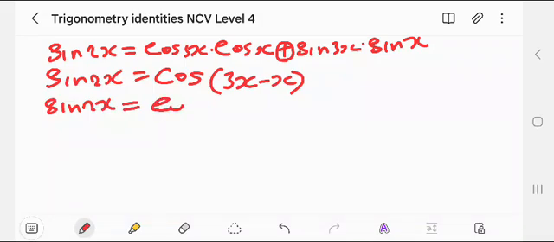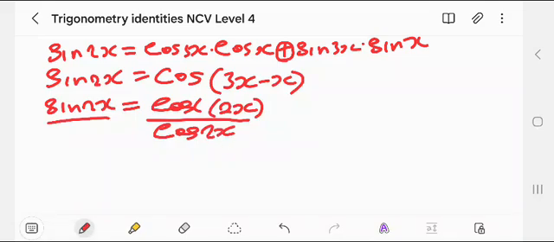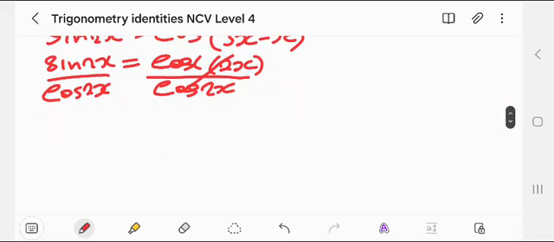Then this is cos, when you subtract 3x minus x, it simply equals 2x. Then you can divide both sides by cos 2x.